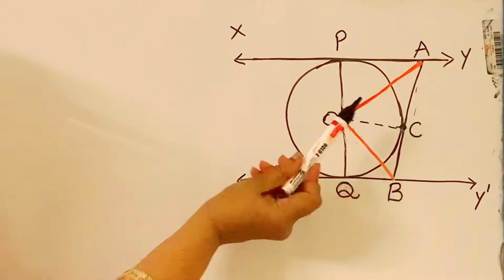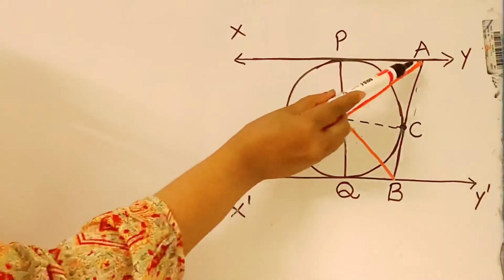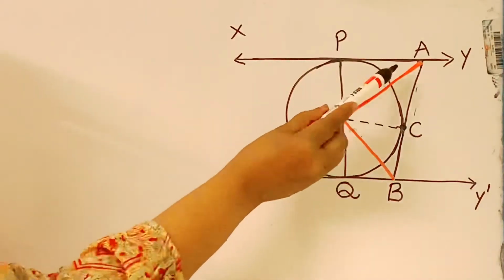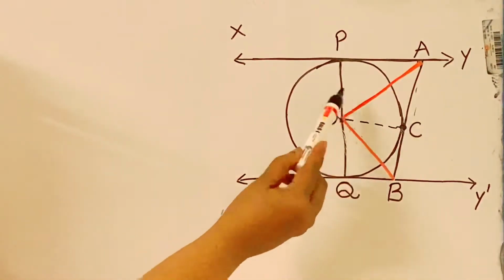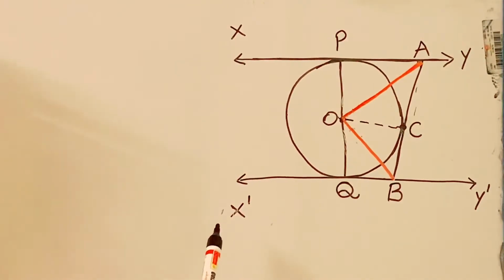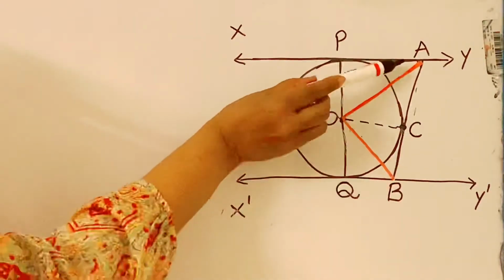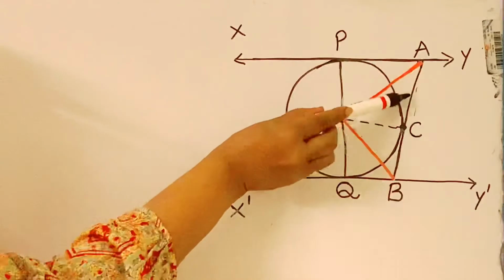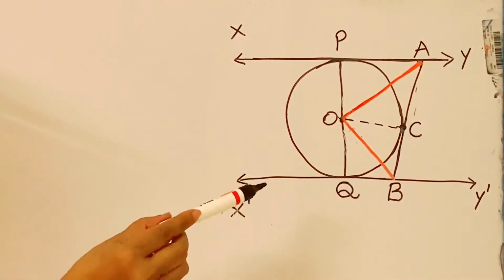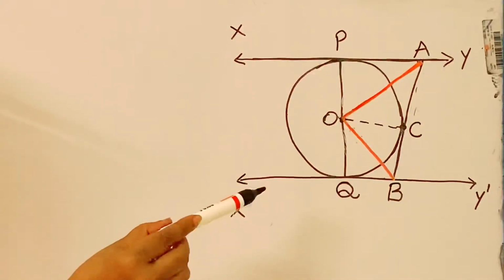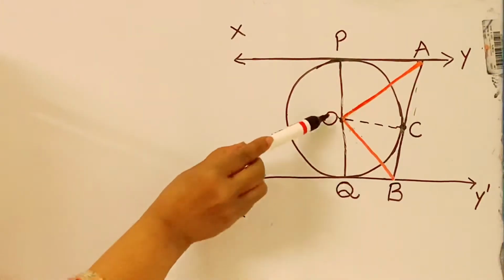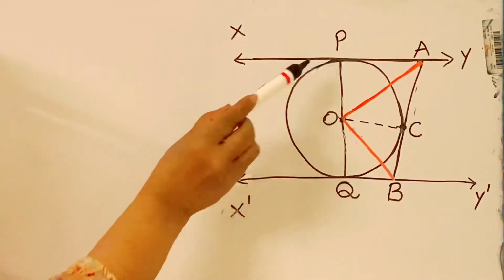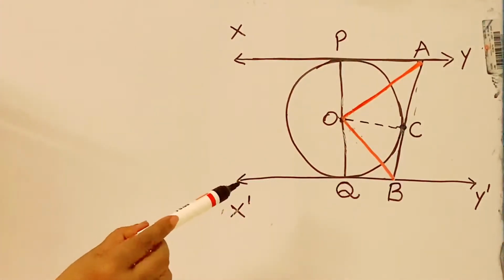Look here, you can see two triangles. One is triangle APO and the other is triangle ACO. In these two triangles, AP and AC are equal because tangents from an external point to the circle are equal. Then OC and OP are equal because they are radii of the same circle.